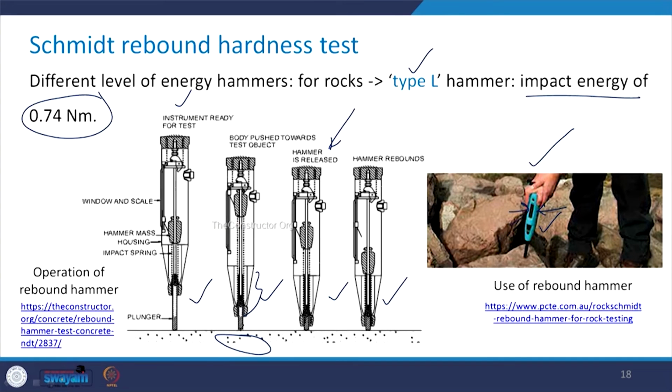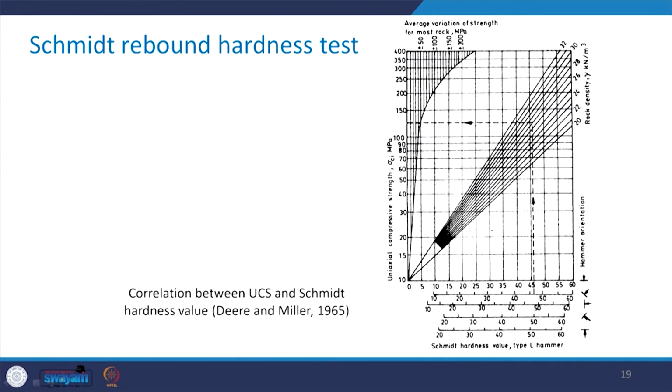Okay. Now, how to make use of this rebound? See here that you have the correlation between UCS and Schmidt hardness value. This is given for the L type hammer.